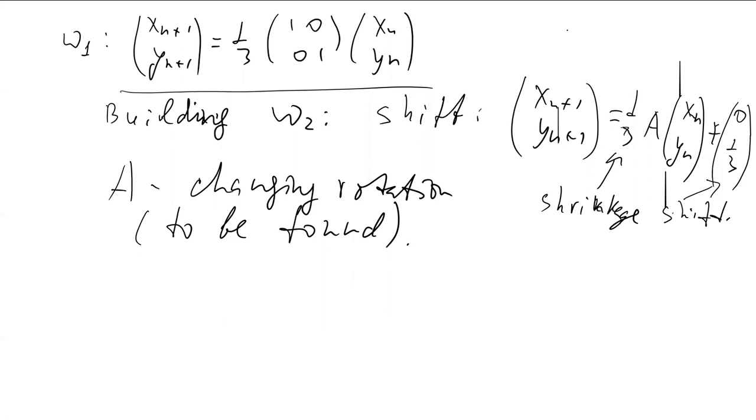To find A, let's consider rotation of a segment on the plane xy. Let's consider a segment of length 1, say at angle alpha to the x coordinate. Assume we want to rotate it by pi/3.